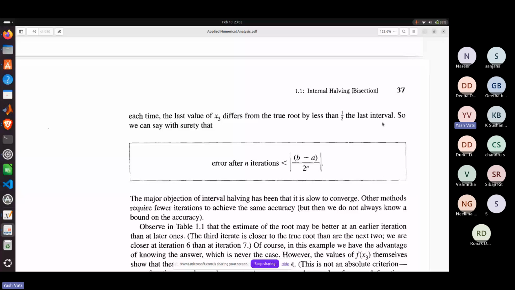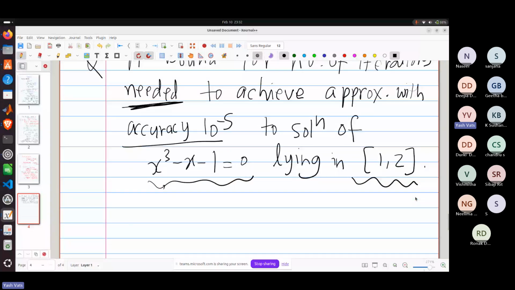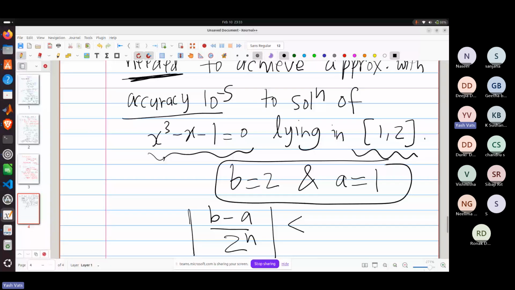So here, b is just 2 and a is 1. So just calculate (b minus a) divided by 2 to the power n, less than your accuracy 10 to the power minus 5.